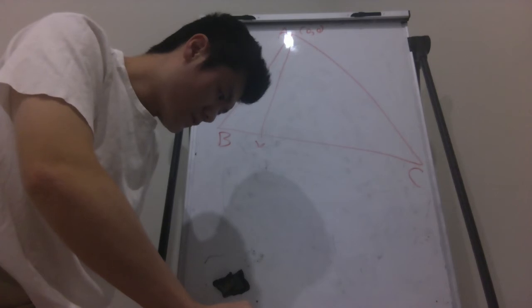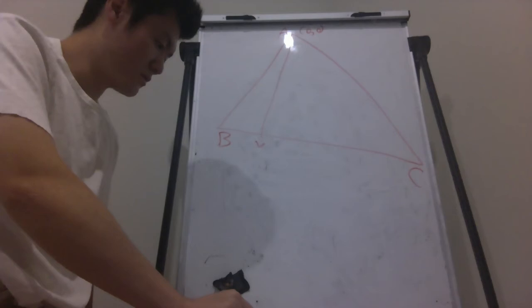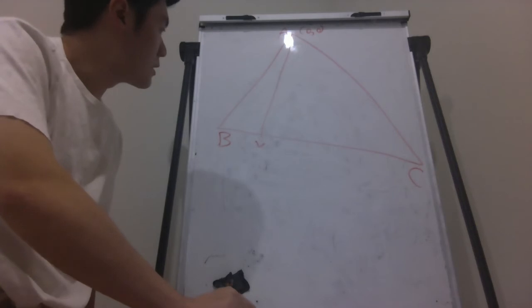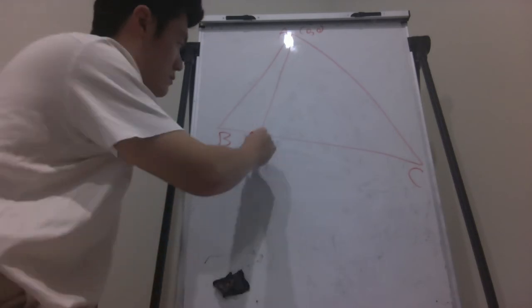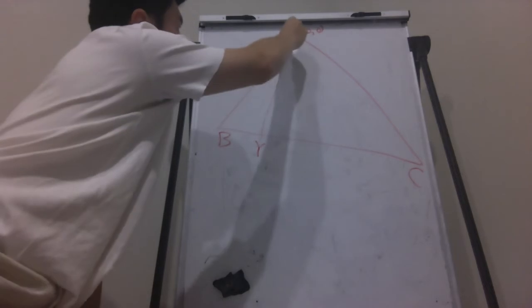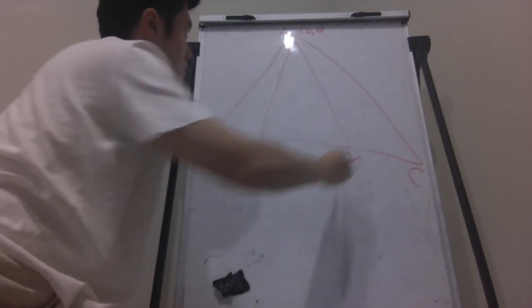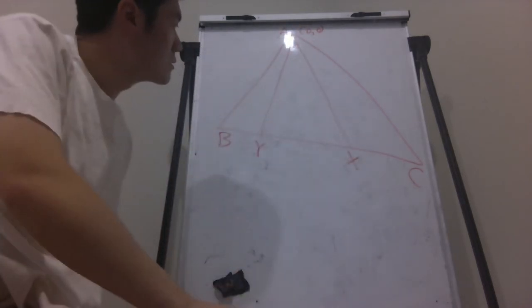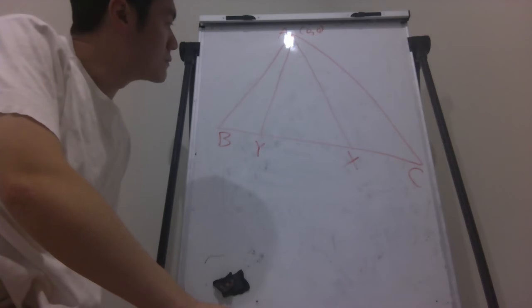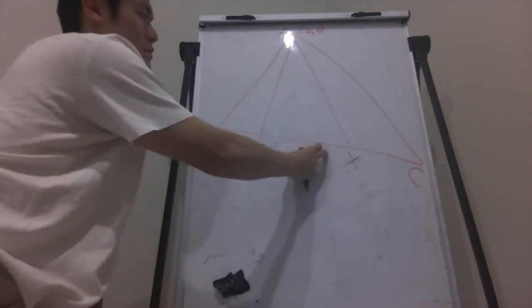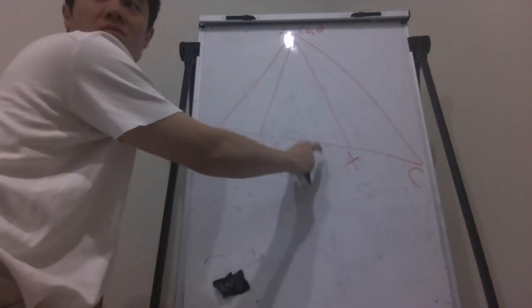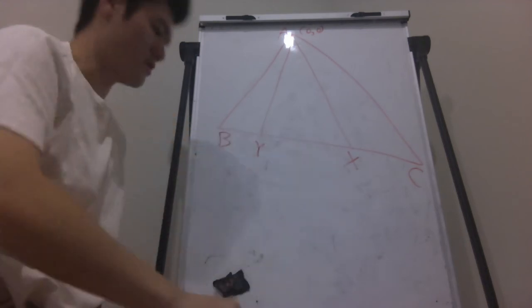Two distinct points on the interior of BC, such that CAX equals BAY. Oh, okay. So the crazy thing is they could actually be switched around.